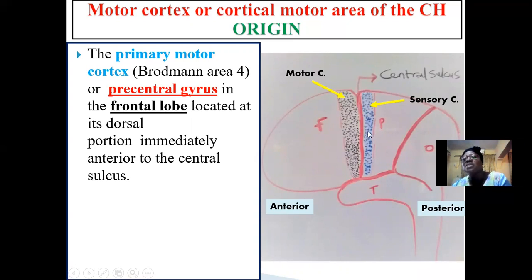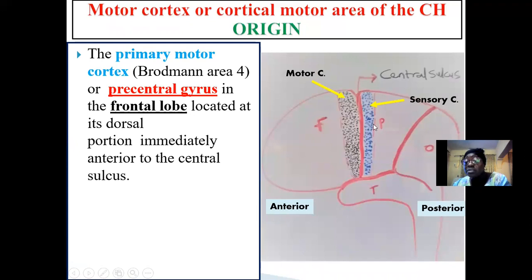So the elevation is called the gyrus, and the gyrus behind it is called the sensory cortex. Then we have an elevation also in front that is called the gyrus, but this gyrus is the motor cortex. So we have the motor cortex located in front or anterior to the central sulcus, while we have the sensory cortex located behind the central sulcus.